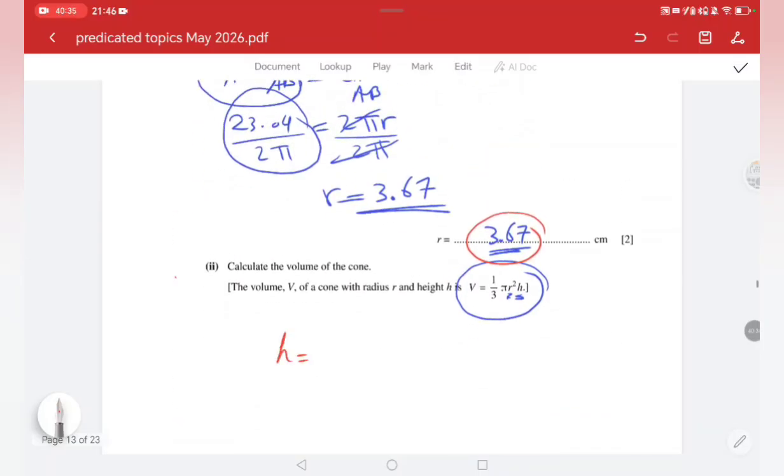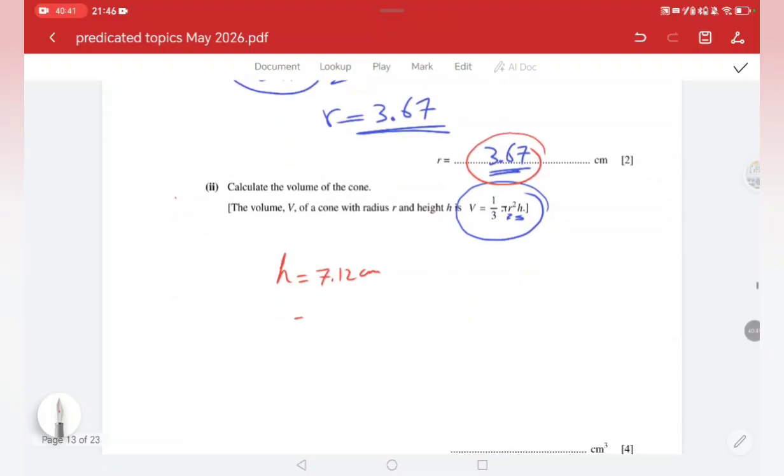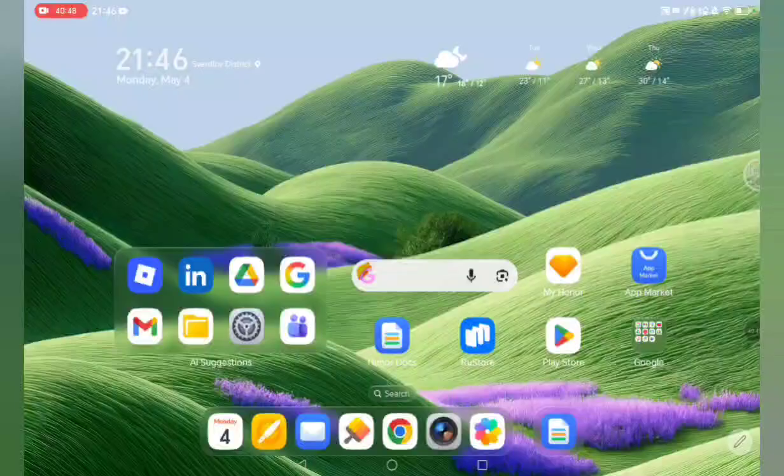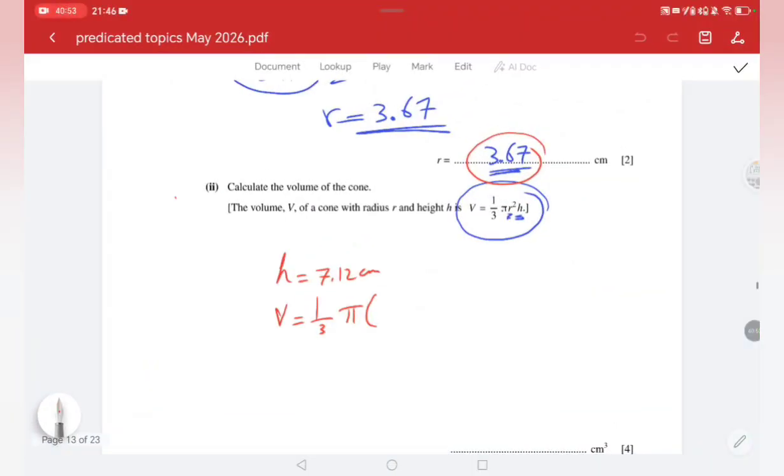Now we found h, 7.12 centimeters, and V is 1/3 pi r squared h, so 1/3 pi times 3.67 squared times the height 7.12.